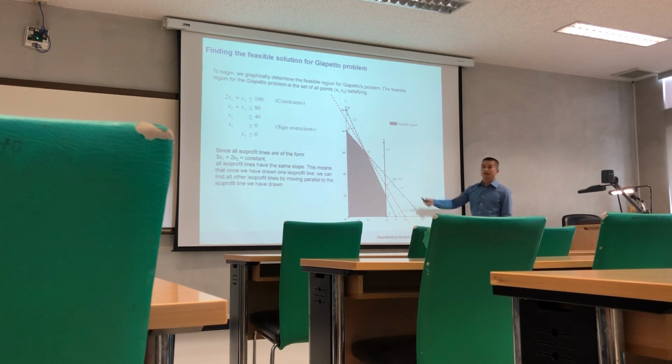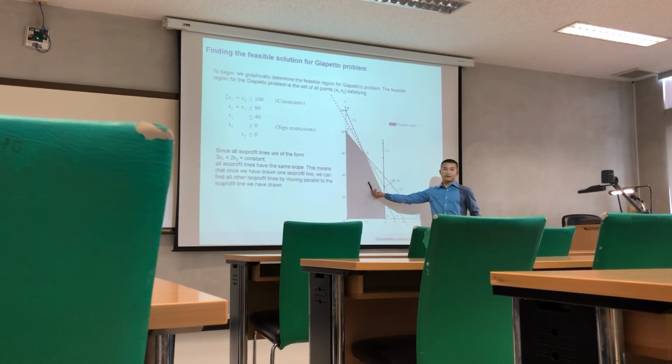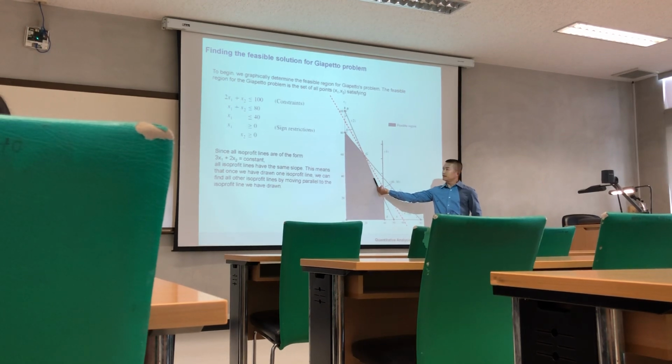because this is a kind of linear programming that gives you a unique solution, because you touch only one point here. Imagine if your isoprofit line comes in like this, and when it moves here, it touches exactly this line.